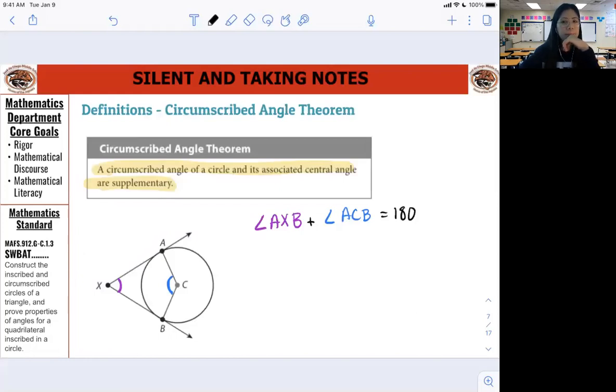Questions on this theorem? Anybody still writing? Perla, okay, finish writing.